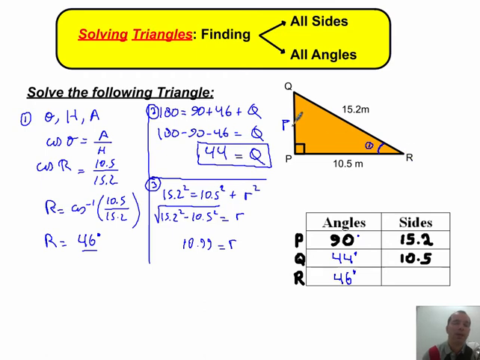Big R is right across from little r, and big P is across from lowercase p, and Q is across from lowercase q. We call this triangle notation, so the opposite side and opposite angle will have the same letter. Just capitals for angles and lowercase for sides. And then just solving for it gives us 10.99. And it should be meters because we have the units. Okay?